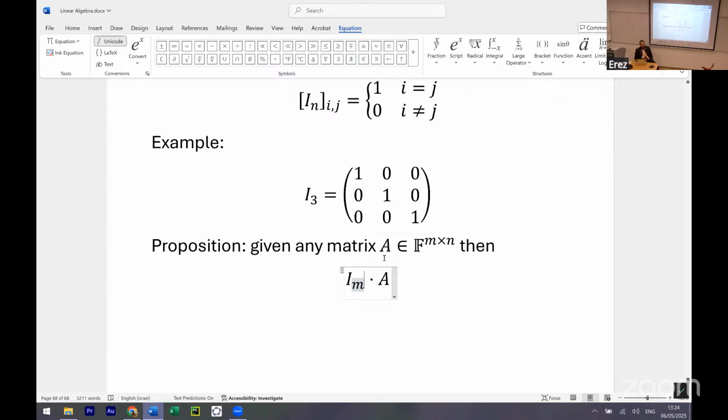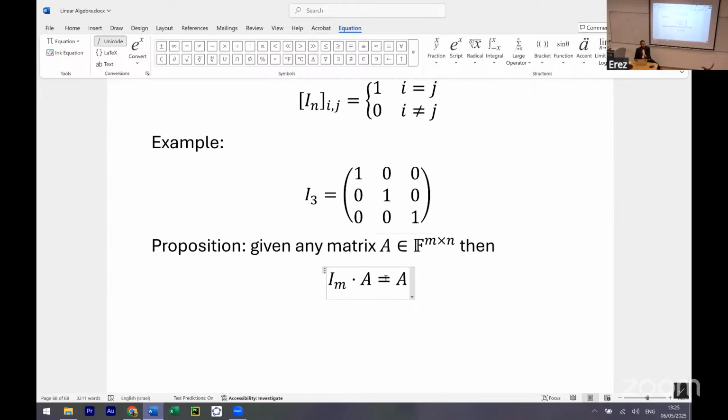Because it's the amount of rows of A. Yeah, in order for the product to be defined, the number of columns of the matrix on the left-hand side must equal the number of rows of A. So that's m. And what is the result?